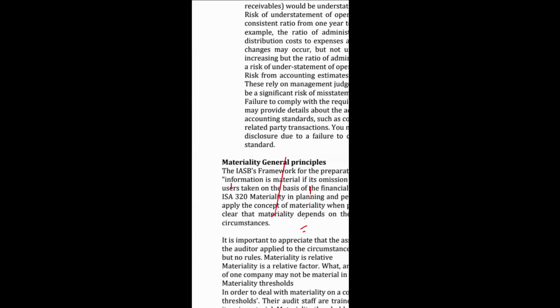Now, bear in mind that for him to be able to substantiate whether it is material or not, you need to have an estimated sample size, which I've talked about. Let's say that for me to be sure that there are no material misstatements, as an organization, I need to obtain like 40 samples of transactions in the sales ledger that are above that amount, 10 million naira or 100,000 naira.